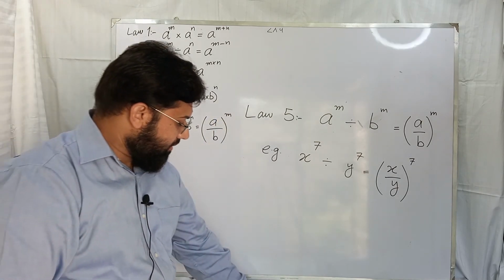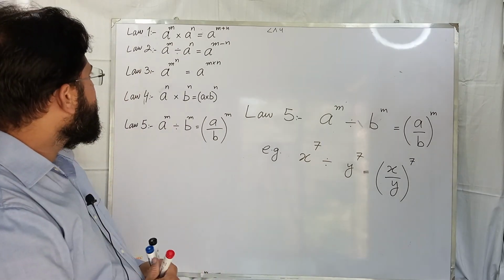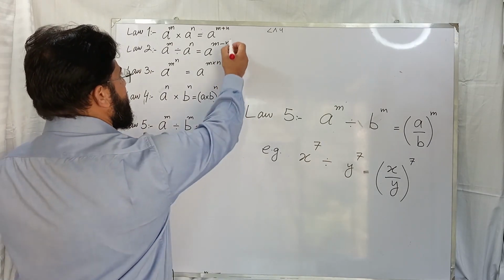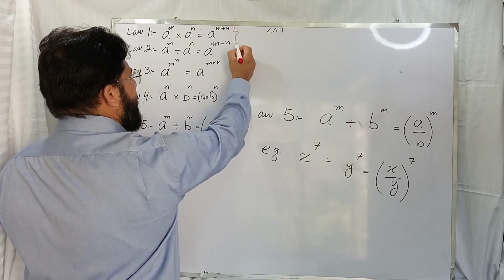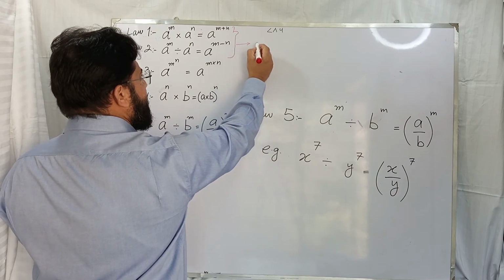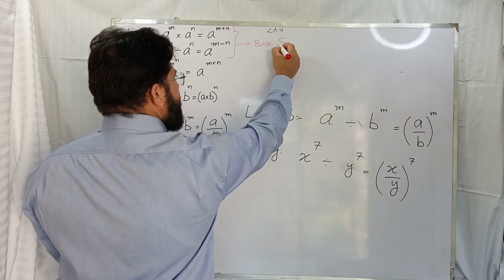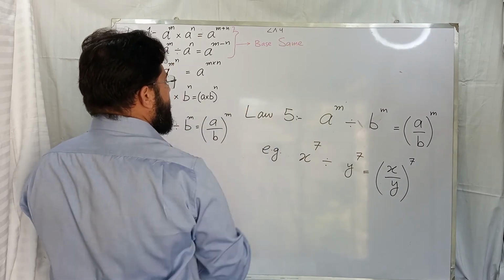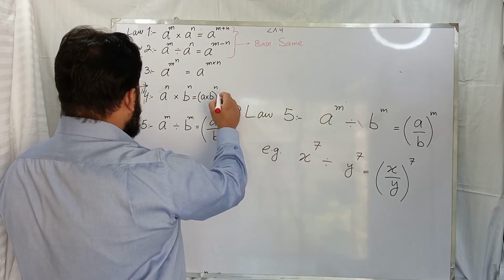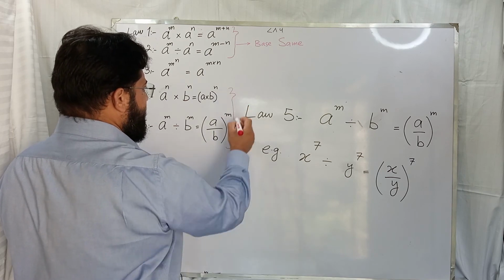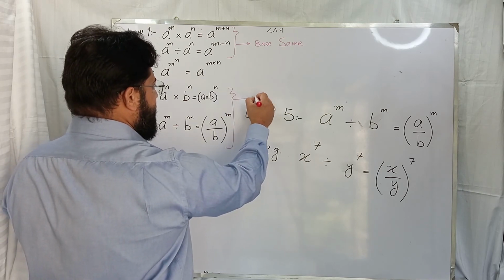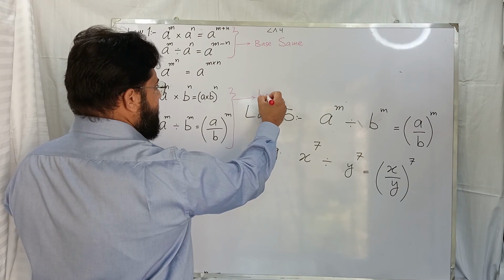So here are the 5 laws, in which the first 2 laws deal exclusively with the case when the bases are same, and law number 4 and law number 5 deal with the case when the indices are same.